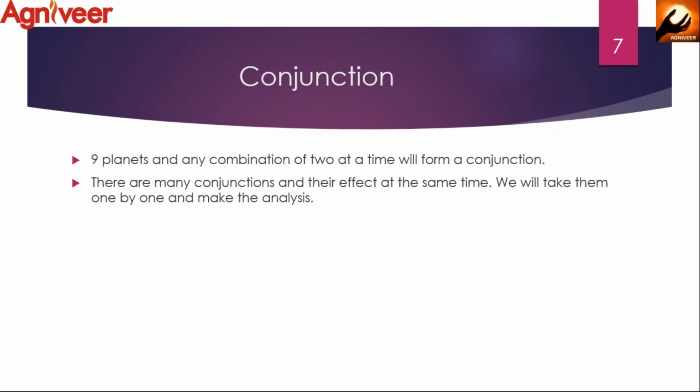They will form certain rules in the horoscope that we need to see and understand how they work. There can be many conjunctions at the same time, but they have different effects and influences on the native, or the person that we will be taking. So here I have listed some of the case studies.